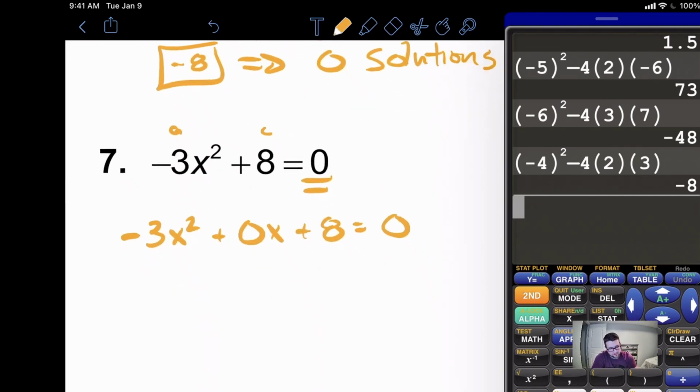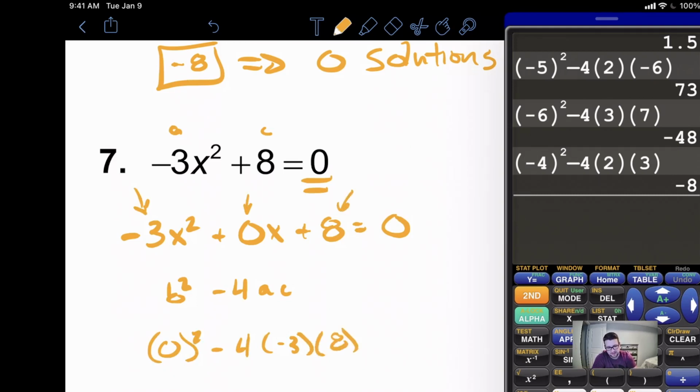So now, b squared minus 4ac. Our b value is 0, so I'm going to have 0 squared minus 4 times a, which is negative 3, times c, which is positive 8.